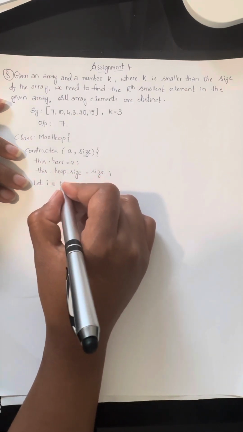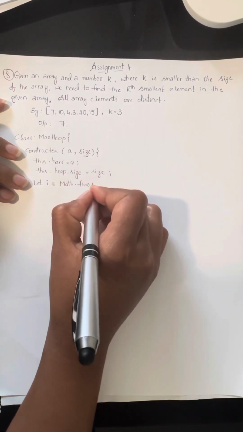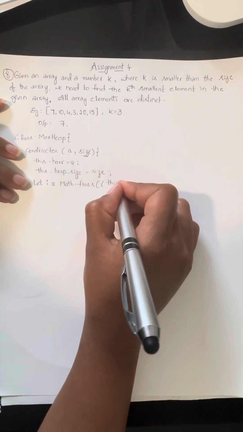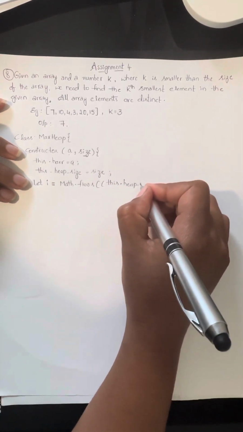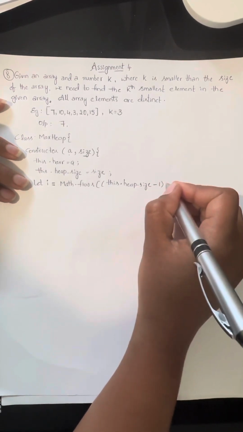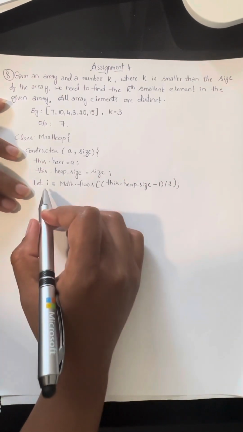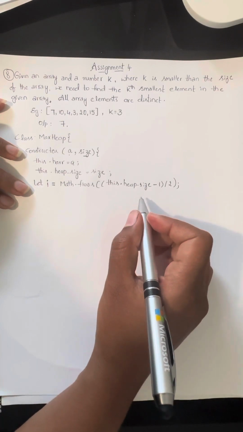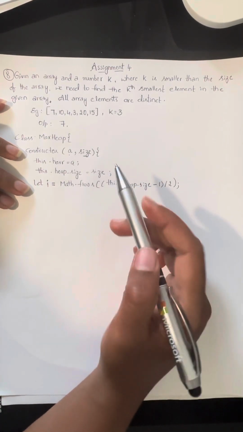So this will be Math.floor of (this.heapSize - 1)/2. So this is the leftmost child of the array with the given size.